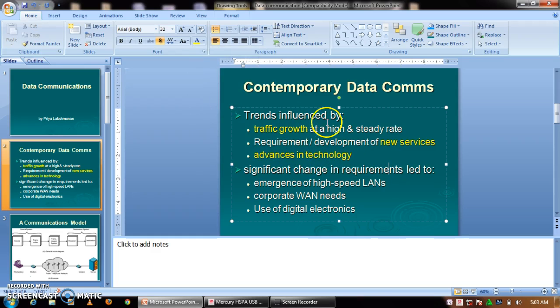So these are the three trends influencing effective and efficient data communications in high-speed networks.